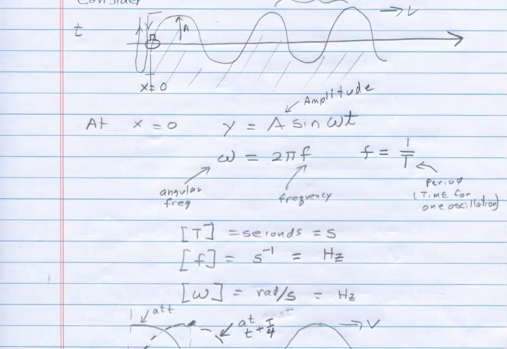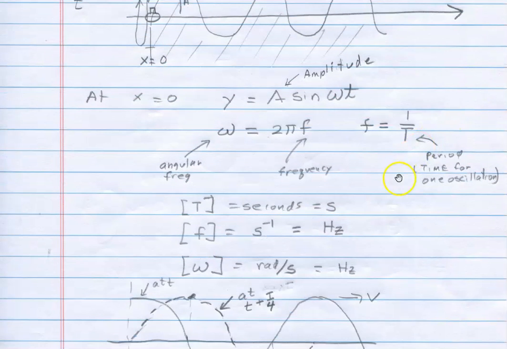There are some units associated with these. Typically, the period is measured in seconds. And if you look at this expression, the frequency is 1 over seconds, or reciprocal seconds, and that's given the name Hertz, Hz.